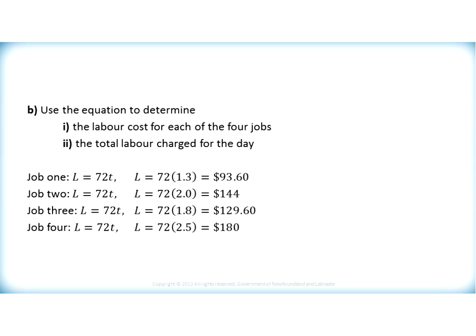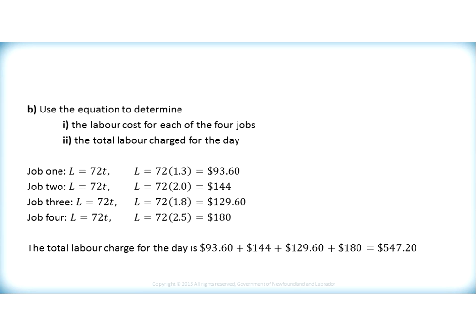The easiest way to calculate the total labor he charged for the day would be to take all 4 of those numbers and add them together. So the total labor charge for the day is $93.60 plus 144 plus 129.6 plus 180. So he charged for labor costs that day $547.20.